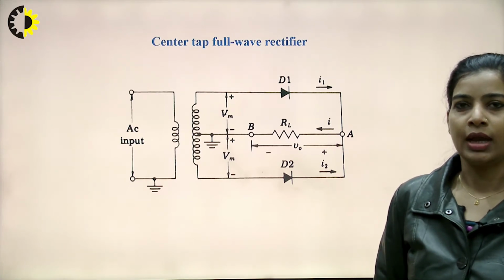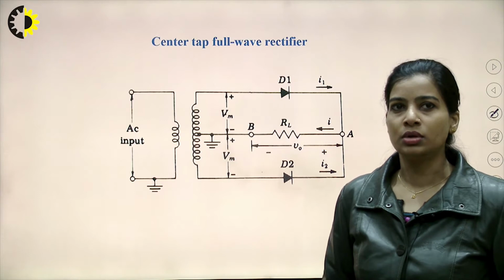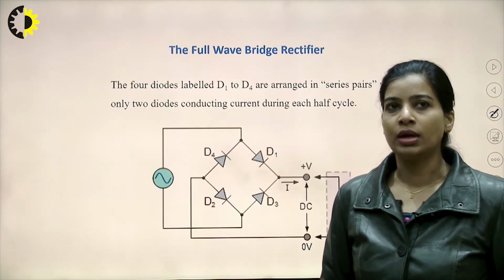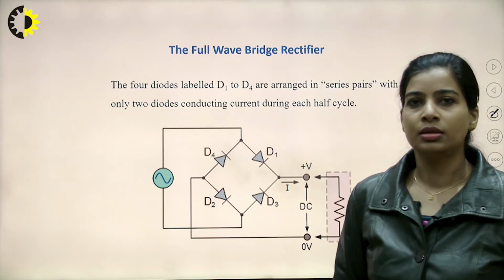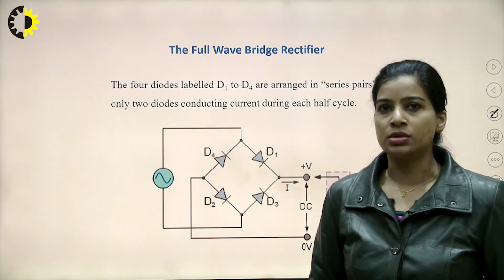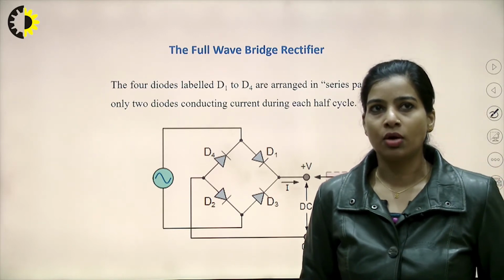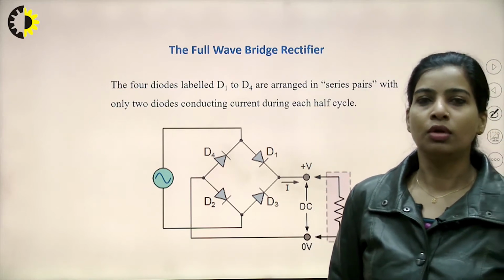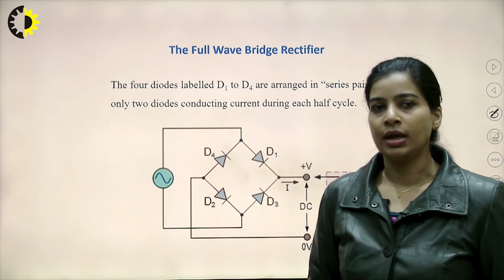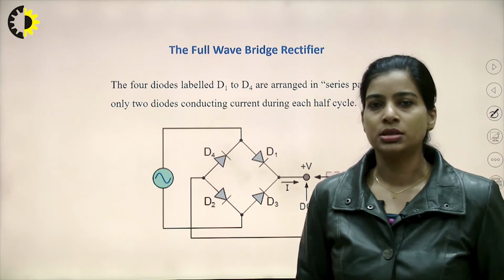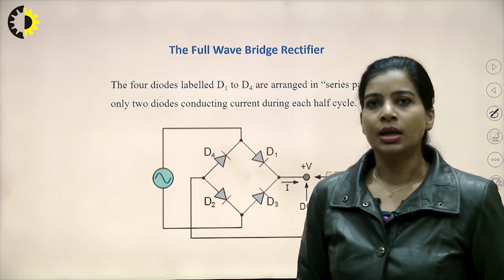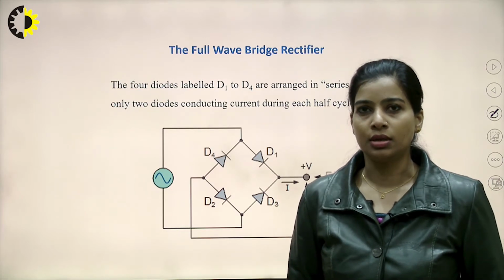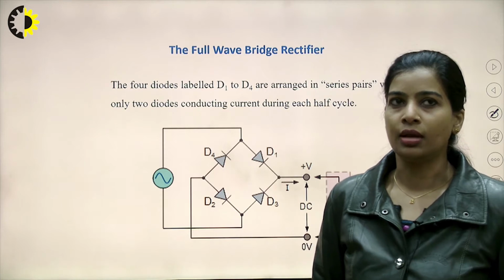This rectifier is comprised of two diodes and one load resistance, and this is the second one, the full wave bridge rectifier, that has 4 diodes. So this is the drawback of the full wave bridge rectifier as compared to the full wave center tap rectifier, that the area requirement increases because the number of diodes used here is double.